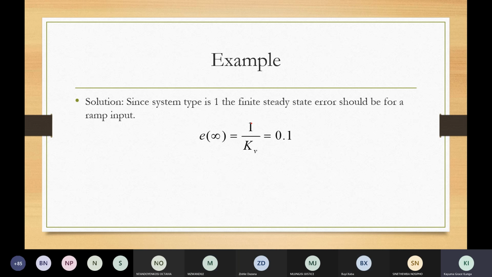That's why, remember, I told you in class 2, when we want to define the performance of the system, we apply inputs, and among them, we talk about the step, the ramp, the parabolic, and there is also a sinusoidal input.